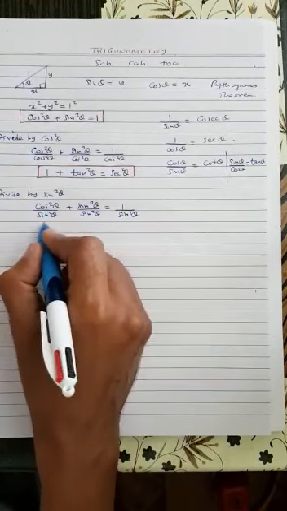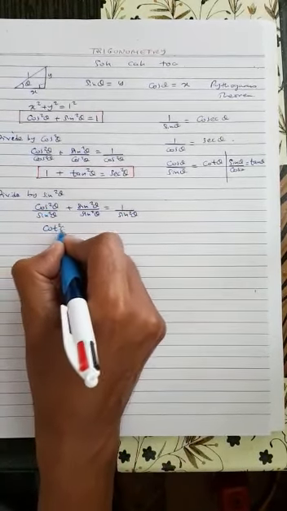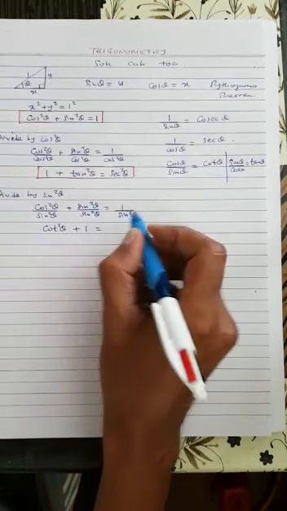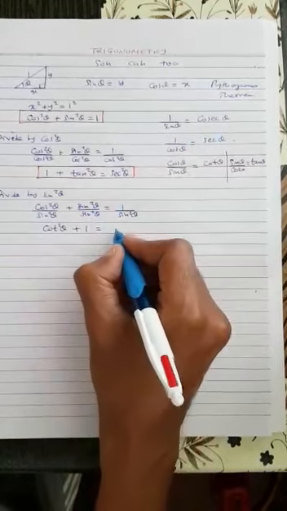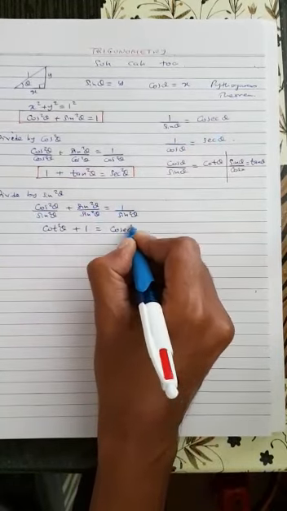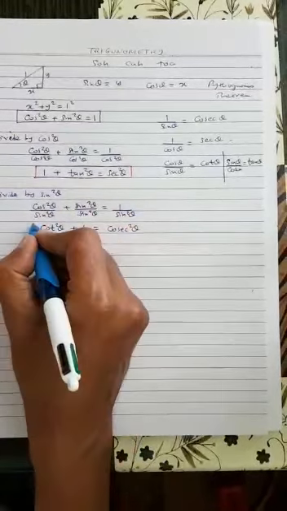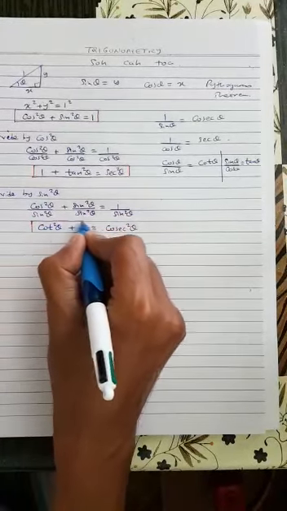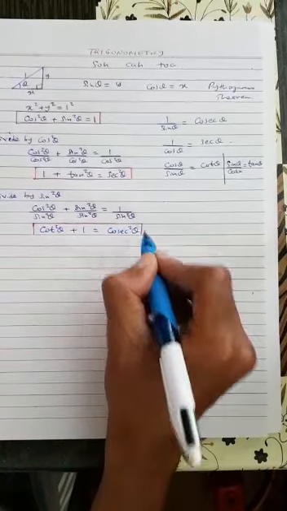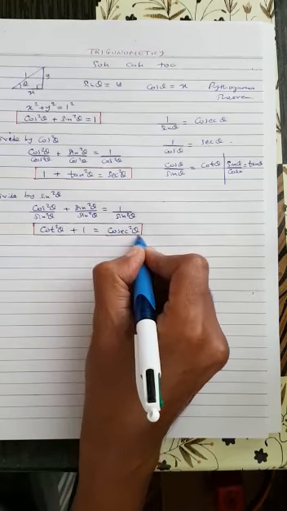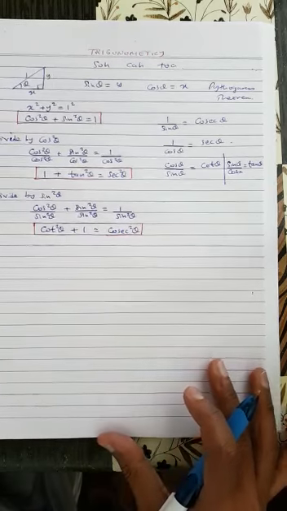So basically cos over sine is cot, so we've got cot squared theta plus 1 is equal to 1 over sine squared, and 1 over sine is cosec. So there we got cosec squared theta. So here's another identity which is very important that we're going to be using throughout this chapter to solve equations as well as prove identities.